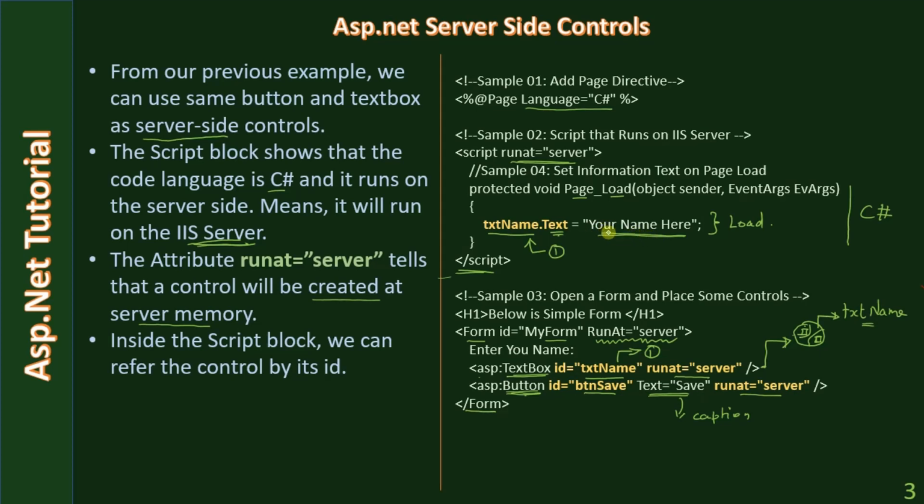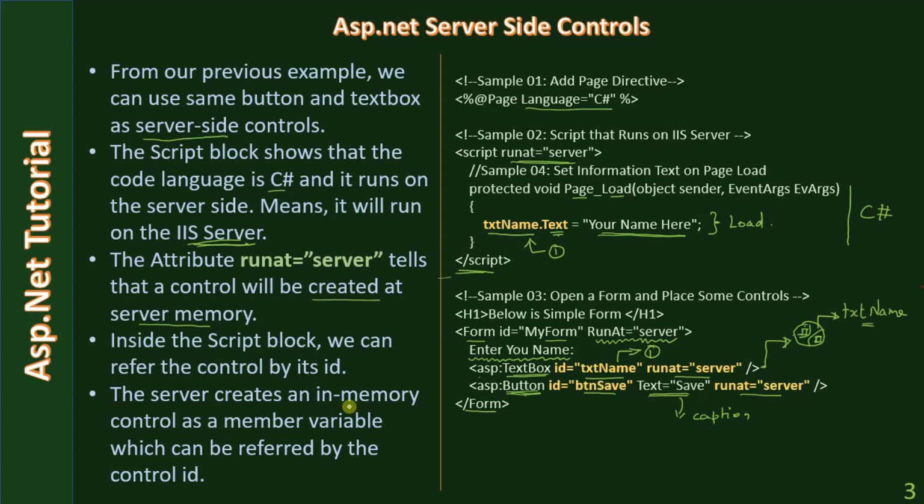So that's what here we are doing, and when the page is rendered, it will display a text box, and inside the text box you will be seeing your name here. So by looking at the help text, user knows that they have to type their name inside the text box. Also, this label also will help the user what they have to do with the text box.